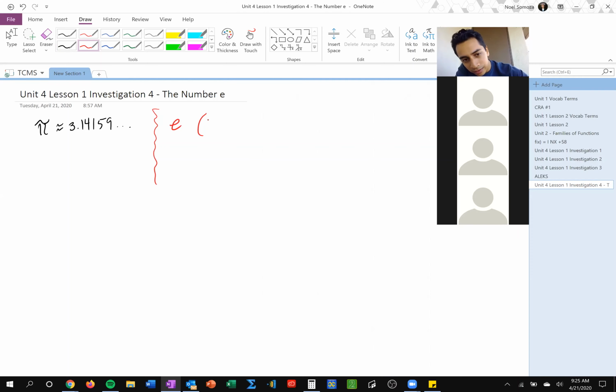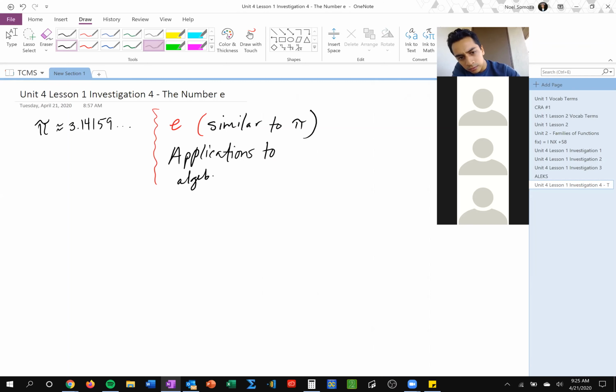I don't want you to think of E as related to pi. They're completely separate, but they're similar. It's similar to pi in the sense that it's this recurring decimal number that doesn't end, but it has huge applications to algebra and exponential functions.